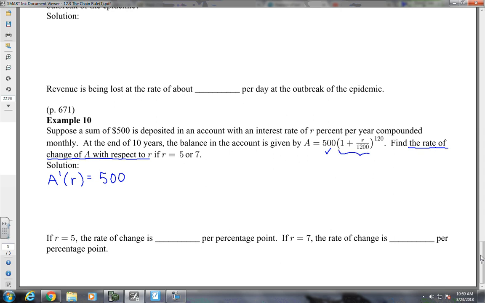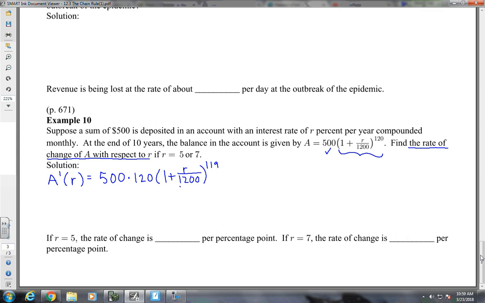Then we need to apply the chain rule to this part. We have a function raised to a power. So we want to think about the power rule first. We bring the power, 120, down in front as the coefficient. Remember, we keep the base the same at this point and decrease the exponent by 1.